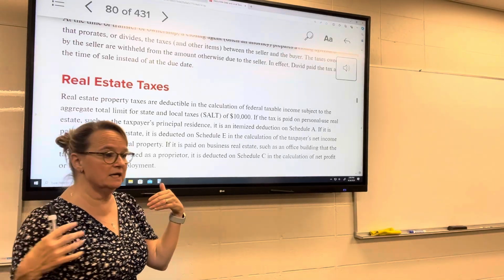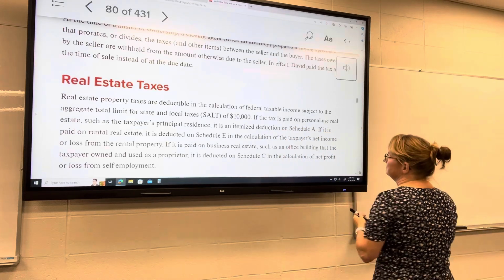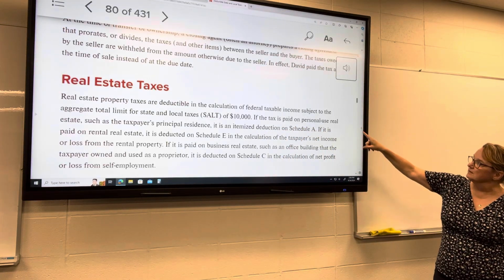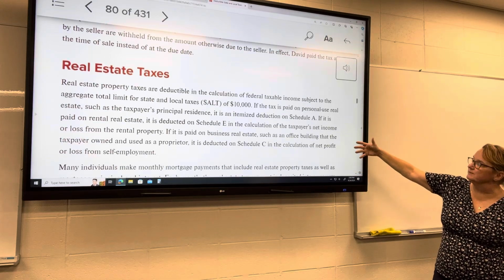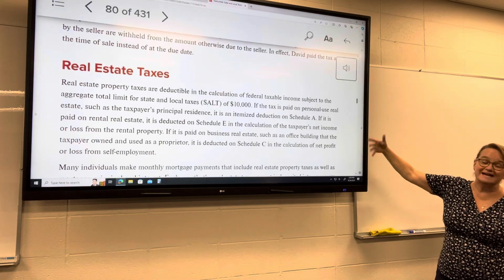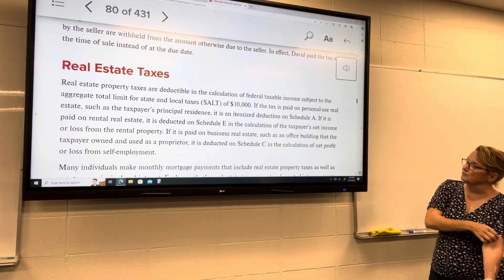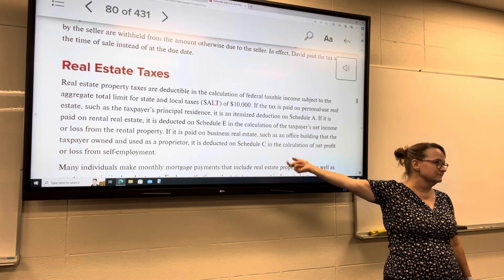So you're not gonna be using it for any business purposes. So principal residence, any personal use property. So if you've got a second home as well, that would be considered personal property. And it doesn't matter how many homes, you can have a bunch of homes. If you're paying taxes on them, it would be included, but remember in this category, you're limited to $10,000, right?